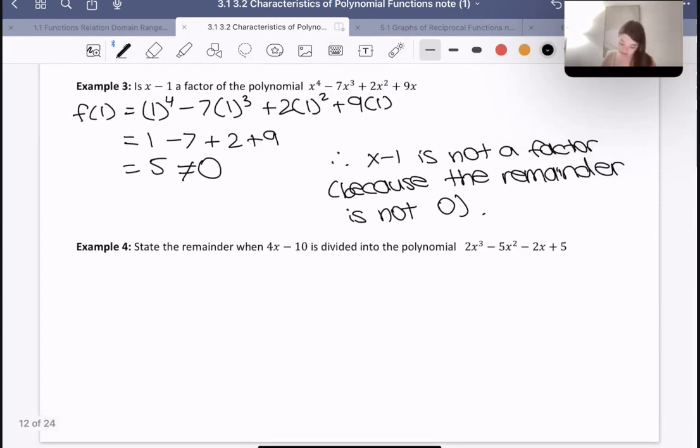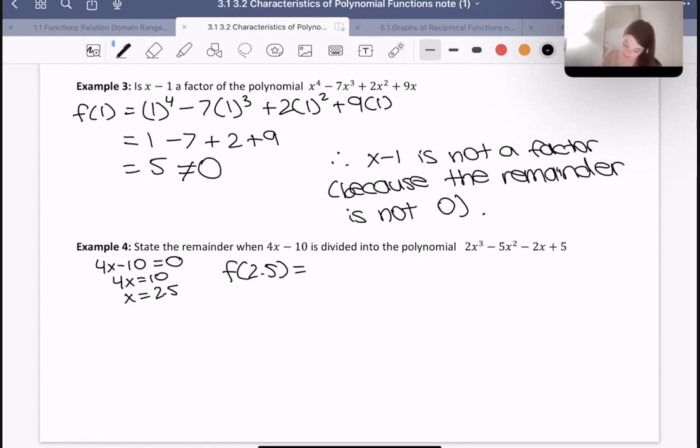Now here it says state the remainder when 4x minus 10 is divided into this polynomial. Well, we need to know when is 4x minus 10 equal to 0. That means 4x would be equal to 10, and that means x would be equal to 2.5. So therefore, we need to find out f of 2.5, and by finding f of 2.5, we can find out what is the remainder.